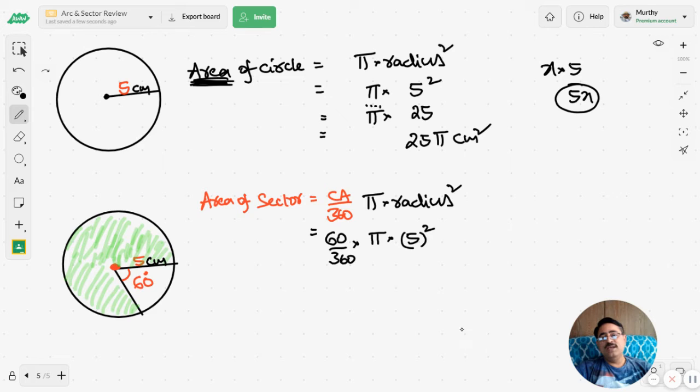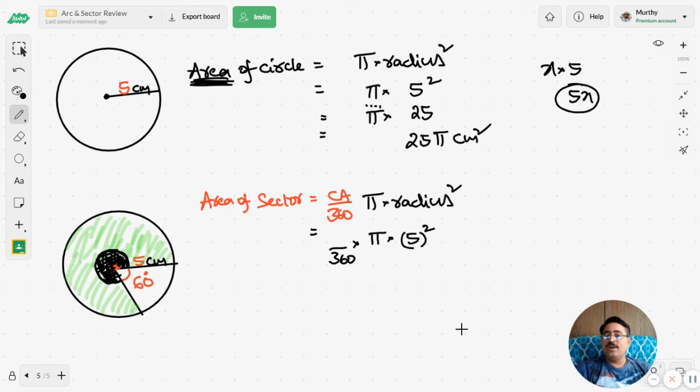The mistake is it is not supposed to be 60 degrees. Why not? Because the question says that the other part of the circle is shaded. That means you have to consider this angle. This is not 60 degrees.